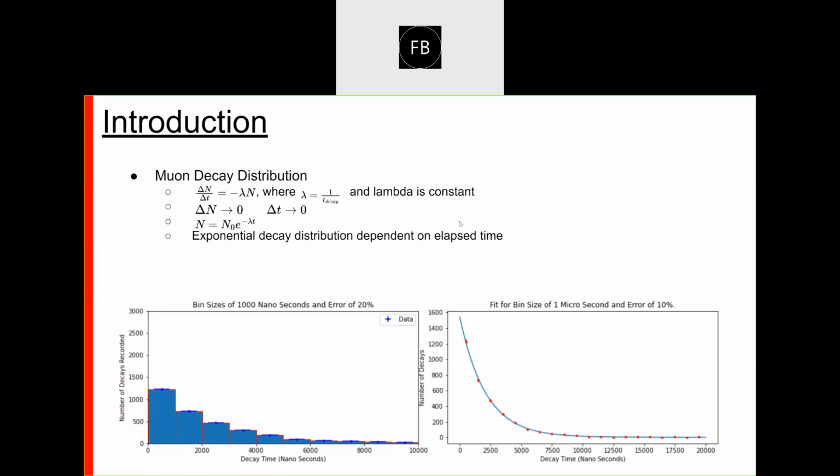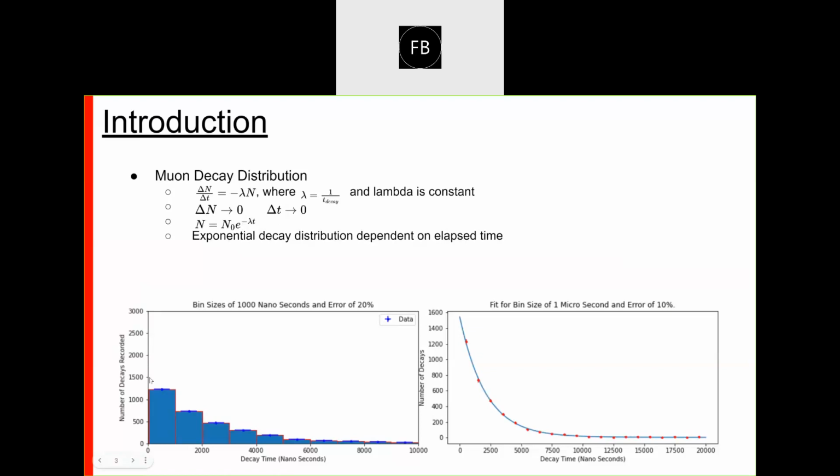And this allows us to measure the decay time, this constant lambda, the mean lifetime of a muon at rest, but it allows us to measure it from Earth, not from the muon's reference frame, which is pretty cool.